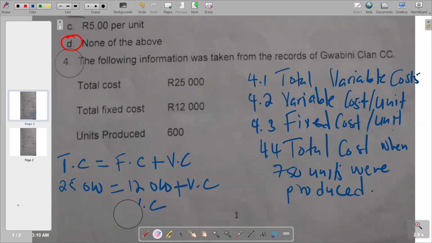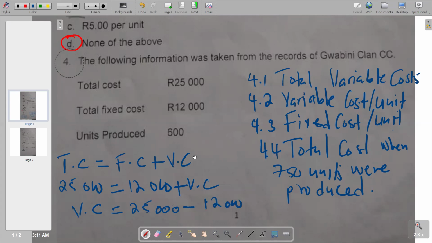When you make it the subject of the formula, variable cost is equal to 25,000. Then you subtract your fixed cost, which is 12,000.